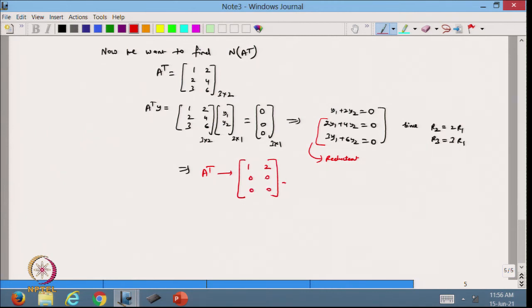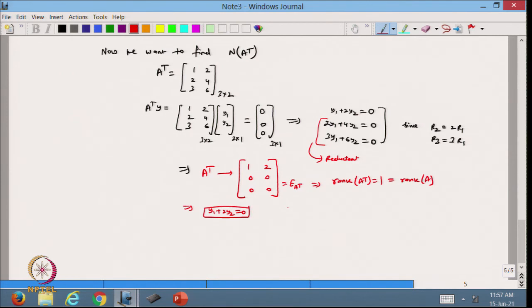That is basically the echelon form of A transpose, and from here you can check that the rank of A transpose is 1, which I also know is equal to the rank of A. So, only one equation, y1 plus 2y2 is equal to 0, is going to play the role in finding the solution.